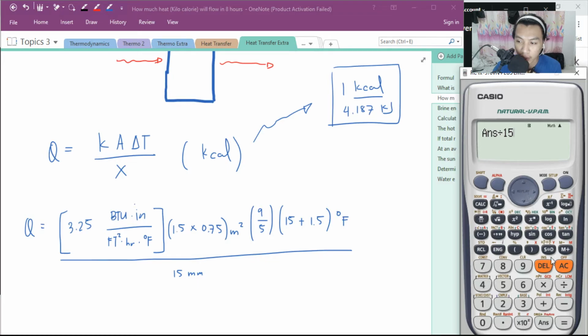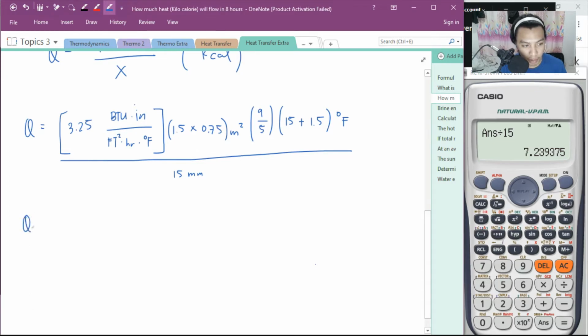Ayan. So, that is, lagay lang natin yung unit. Q is 7.239375.